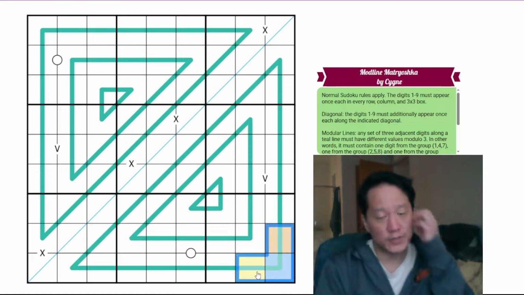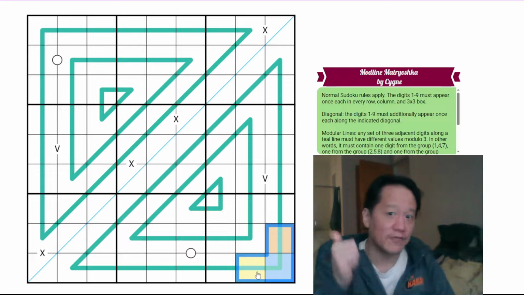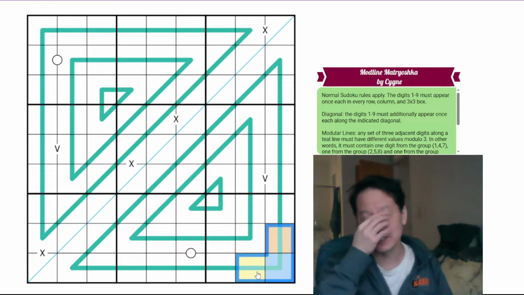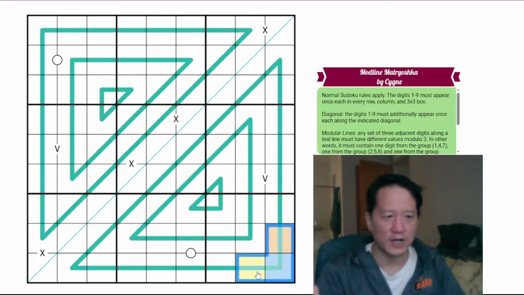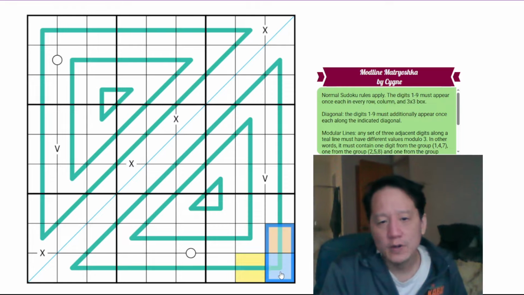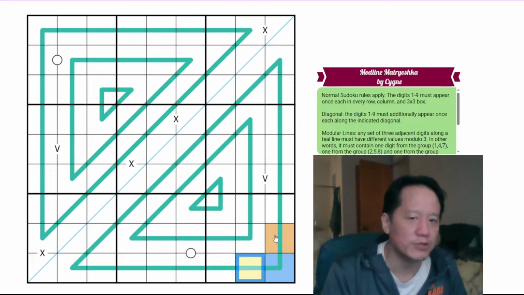So here, these are all distinctly different sets, right? Because you have to have one of each of the sets for a modular line for any adjacent 3 digits. Well, what about these 3 cells? We still have the blue, we have the yellow, but we don't have the orange left. So this must be orange.